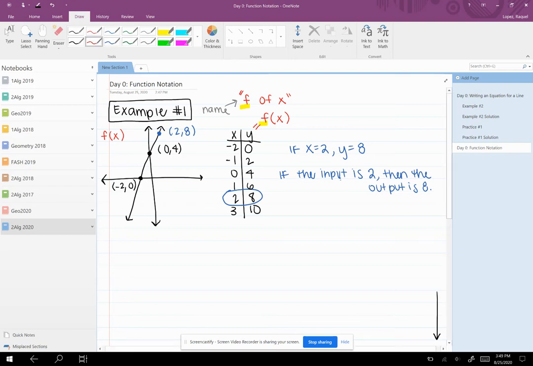What that means here is that input is talking about the x value, and output is talking about the y value. But mathematicians like to shorthand things, because if we keep writing the statement when the input is 2, then the output is 8, that gets tedious and lengthy and wordy, and then my hand starts to hurt. So we get into something called function notation.